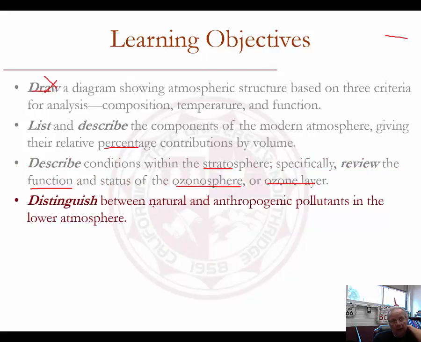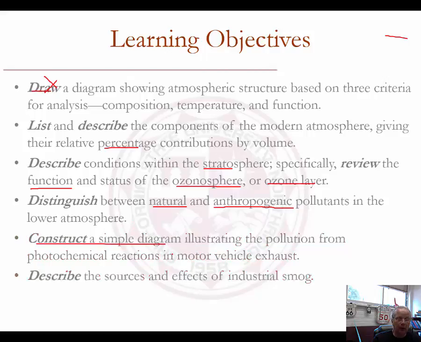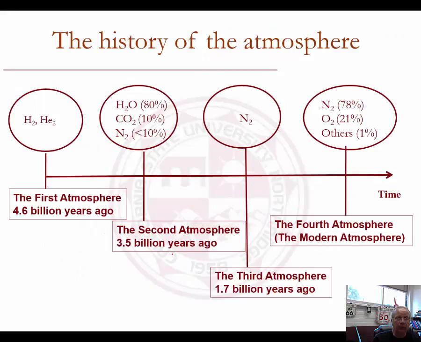Then there'll be a bit about natural and man-made, or anthropogenic, pollutants in the lower atmosphere. You also have to be able to understand a diagram illustrating pollution and how it works, and where smog and pollution come from.